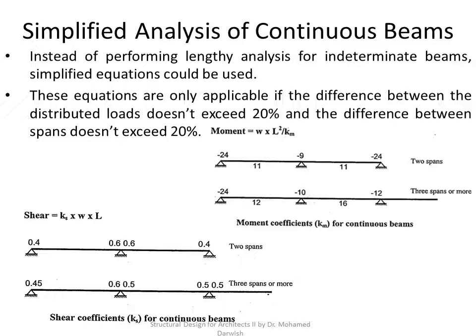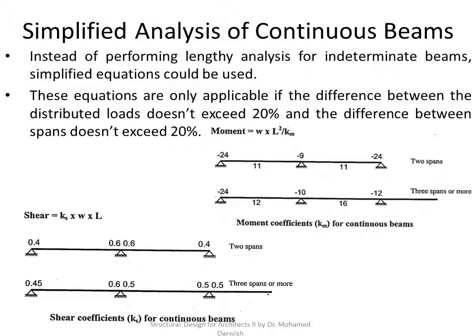This simplified analysis is based on certain conditions: the spans need to be nearly equal, with a maximum difference between them of 20%, and the loads all over need to be nearly equal, with the difference between them within 20%.